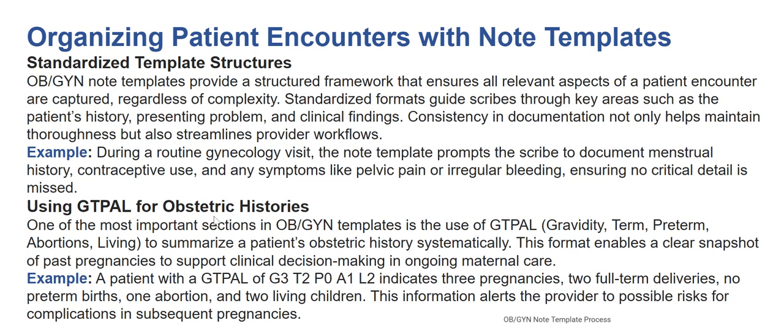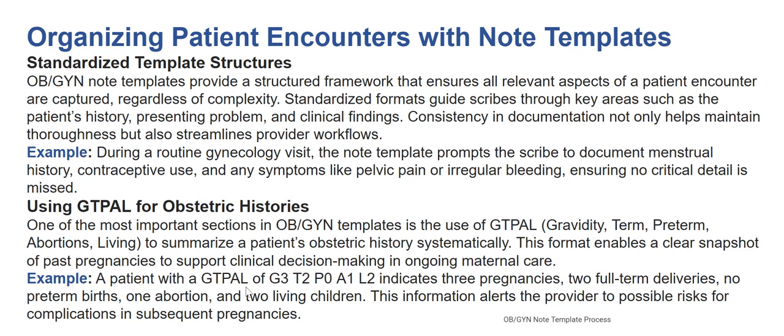Using a GTPAL for obstetric histories. One of the most important sections in OB/GYN templates is the use of GTPAL, gravidity, term, preterm, abortions, and living, to summarize a patient's obstetric history systematically. This format enables a clear snapshot of past pregnancies to support clinical decision making in ongoing maternal care.